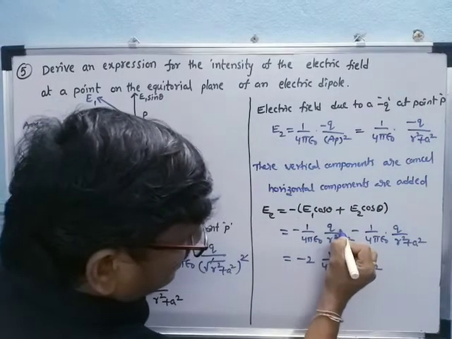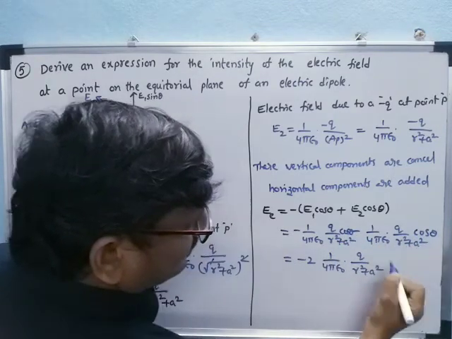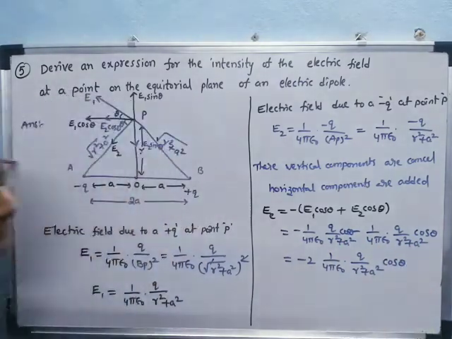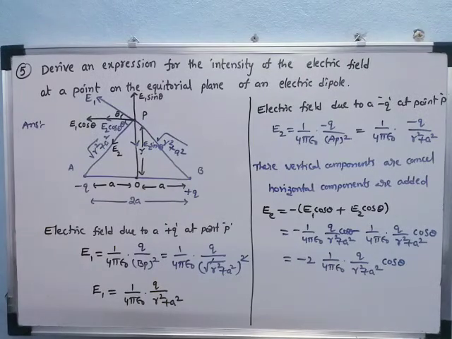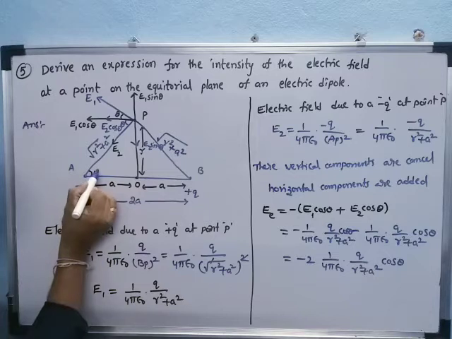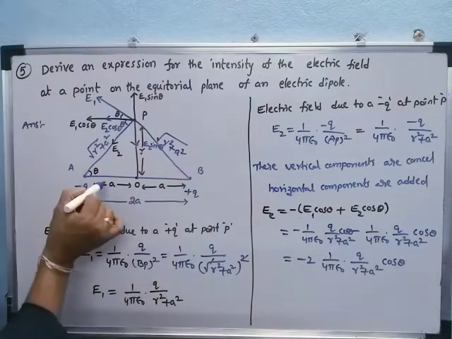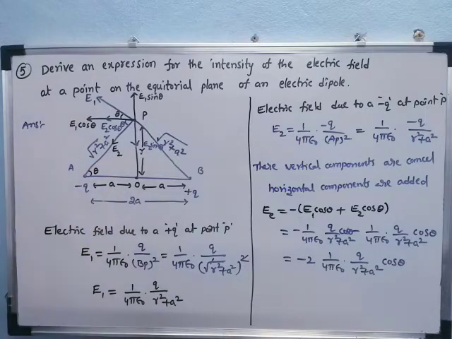Here there is cos theta in both terms, so we write cos theta. Using triangle AOP, this angle is theta. The principle for cos theta is adjacent side by hypotenuse.